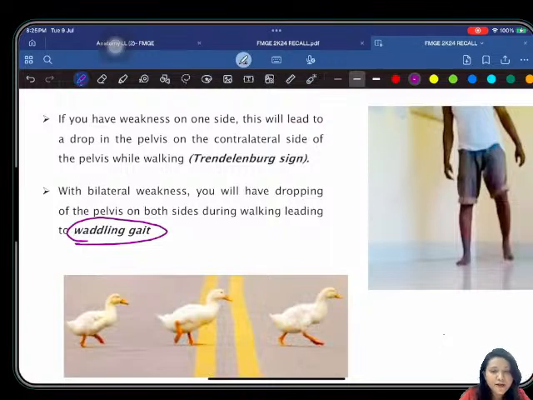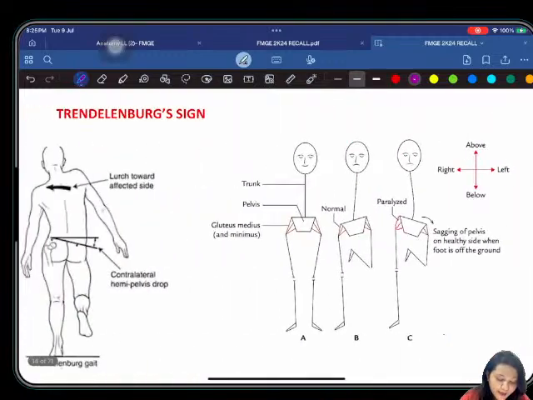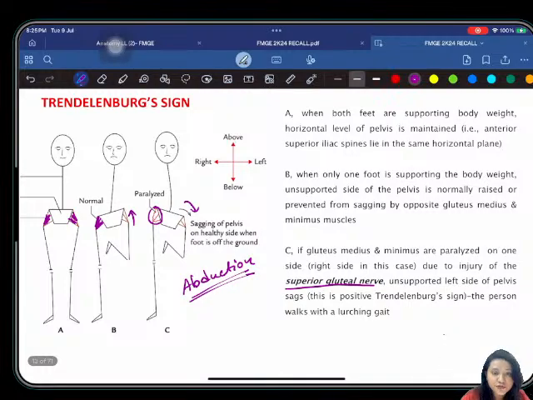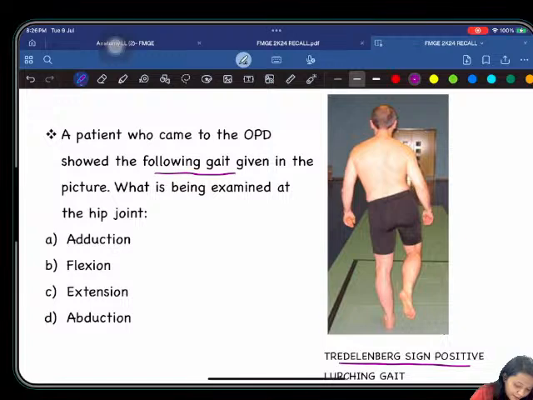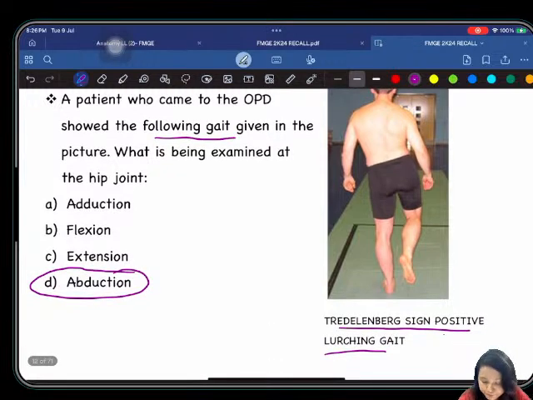If they ask about gluteus medius and minimus, and you have to choose one, the answer will be medius. If they ask about the nerve supply, it is the superior gluteal nerve. And if they ask about the movement, it is the abduction of the hip joint. So the correct answer is abduction of the hip joint, which is observed in the Trendelenburg sign. Anybody who has attempted this can write in the chat.